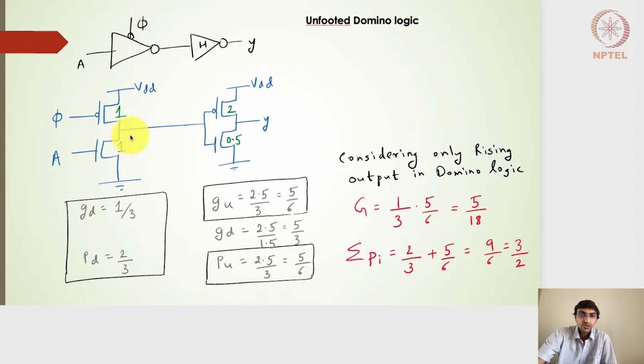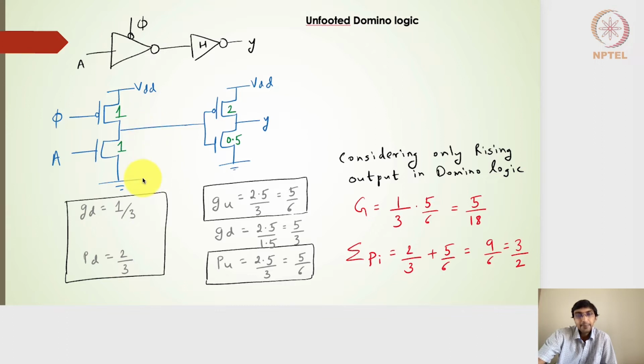If A is equal to 0 in the evaluation mode, because this output node is pre-charged to VDD, it will stay at VDD. So whenever A is 1, only then will the output of this dynamic inverter go to 0.